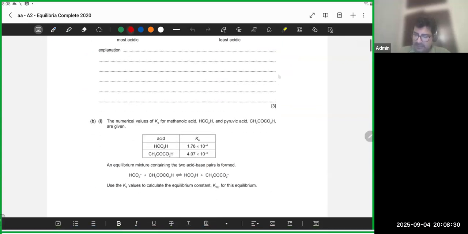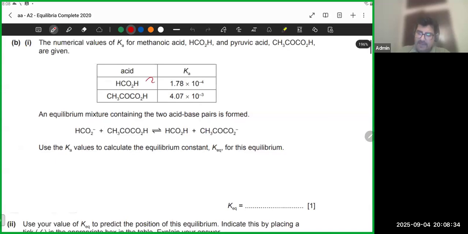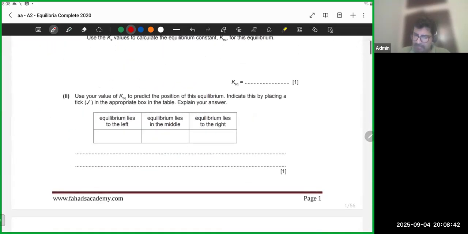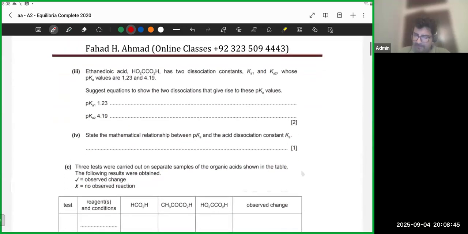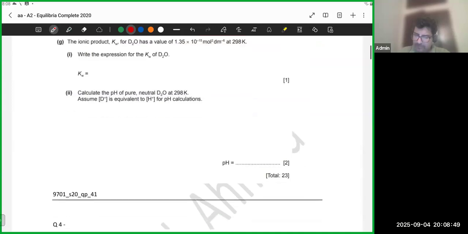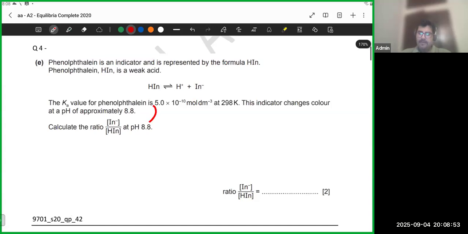So here's our worksheet. You can see that for every weak acid, they've given their dissociation constant. We're not going to do this question, it's slightly more complicated. We can try this one.